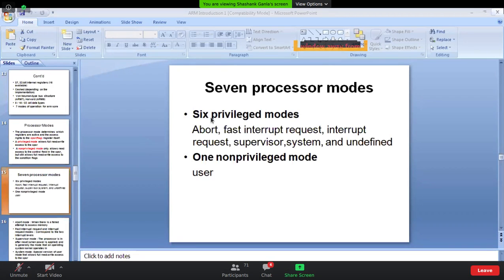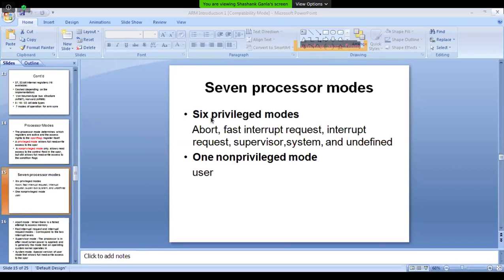Then coming to what we call the undefined mode of operation. The ARM architecture is not a single core, but it is a family of processor cores. So there may be some instructions present in one core which may not be present in another core.